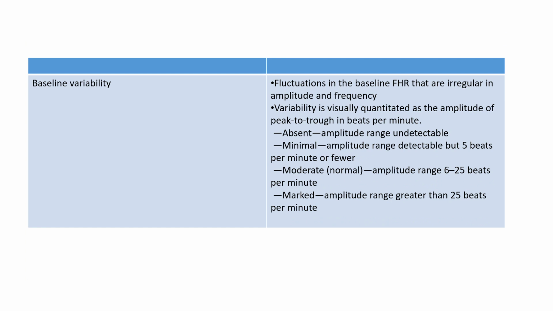The second definition, which is the most important thing in fetal heart tracing, is the variability. The variability is basically the fluctuation in the baseline that is irregular in amplitude and frequency. The normal is what we call moderate, which ranges from 6 to 25 beats per minute.